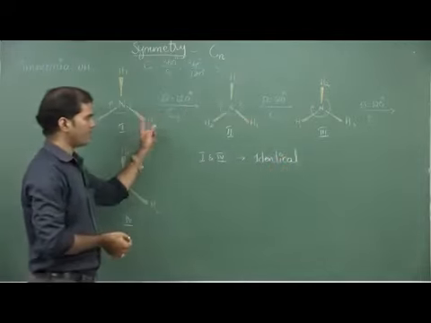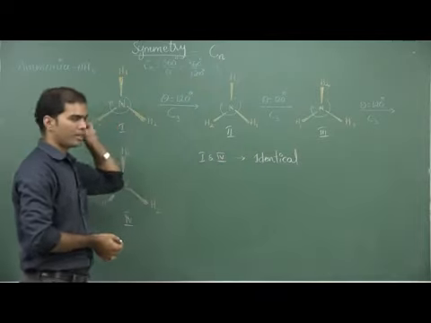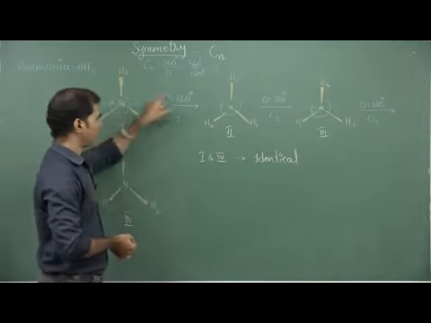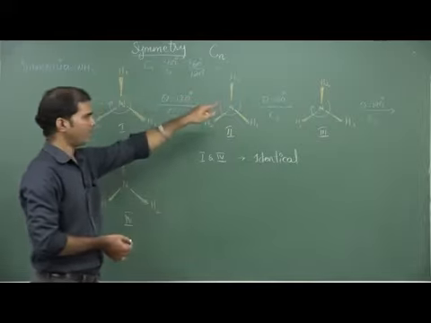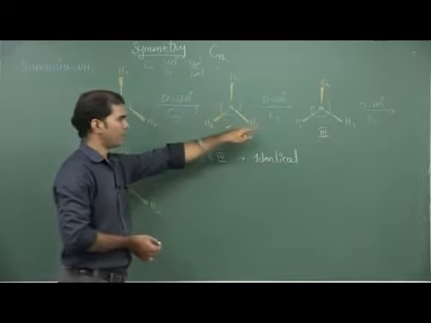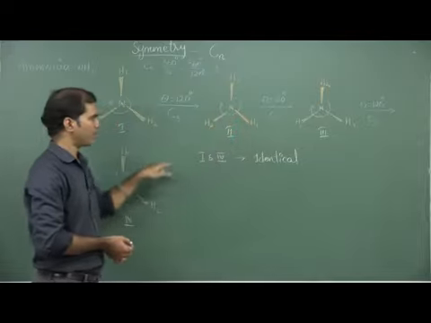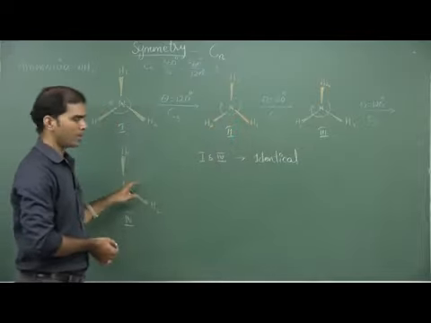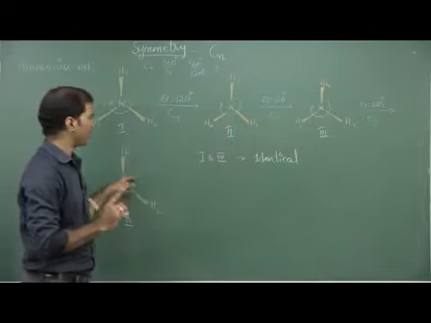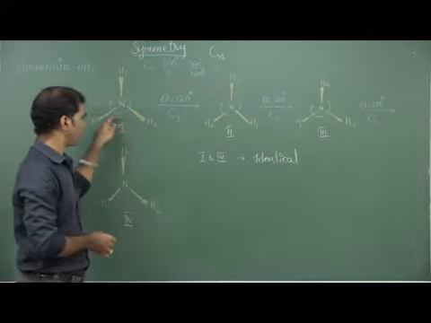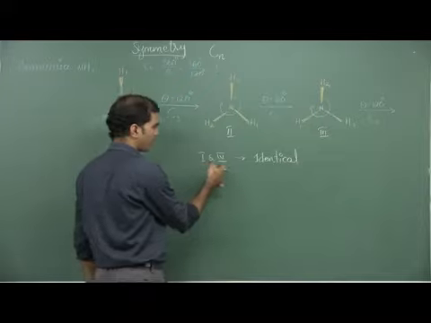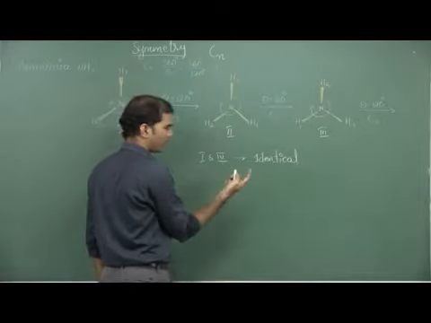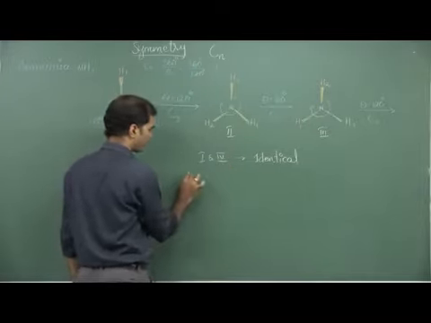You choose any other pair, such a pair would be equivalent. Suppose I choose 1 and 2, these two are equivalent, 1 and 3 are equivalent, 2 and 3 are equivalent, 2 and 4 are equivalent, 3 and 4 are equivalent, but only one pair will be identical in every molecule, that is the first one and the last one. So any pair other than 1 and 4 will be an equivalent pair.